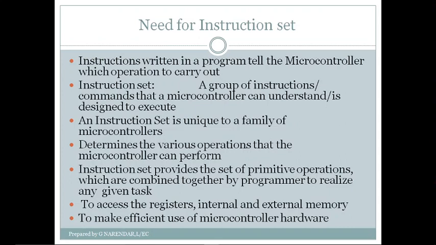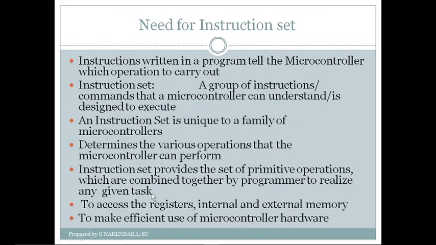each instruction from the instruction set, when executed by the microcontroller, performs a primitive operation. So I can say that the instruction set provides the set of primitive operations which are combined together by the programmer to realize a given task.